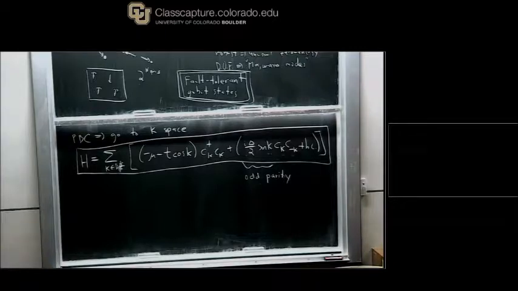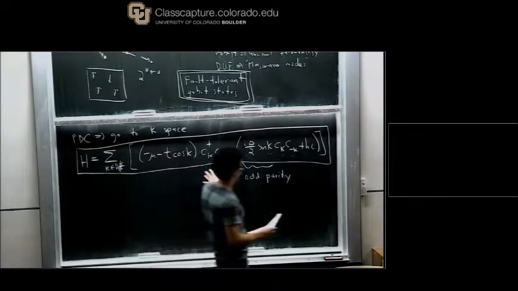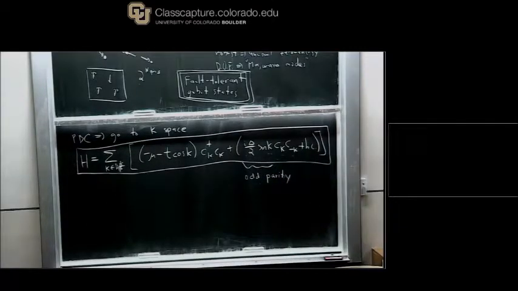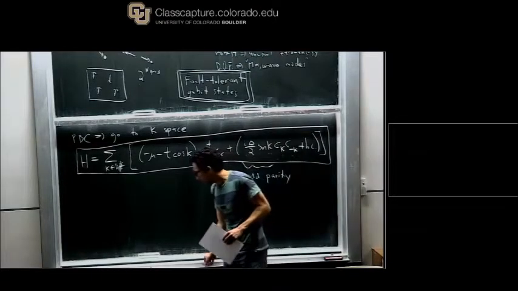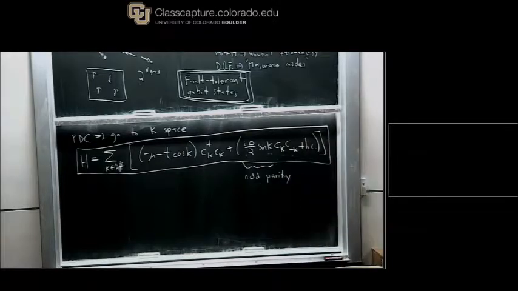Okay, so what I'd like to do now is try to understand the phase diagram of that model. In principle, we could diagonalize the Hamiltonian in the usual way and get the energies, but I don't want to do that. I want to try to deduce the physics more intuitively.